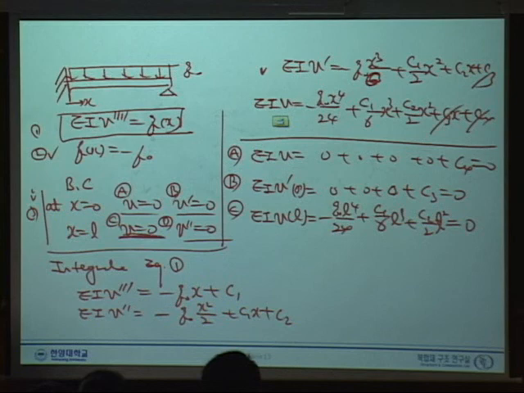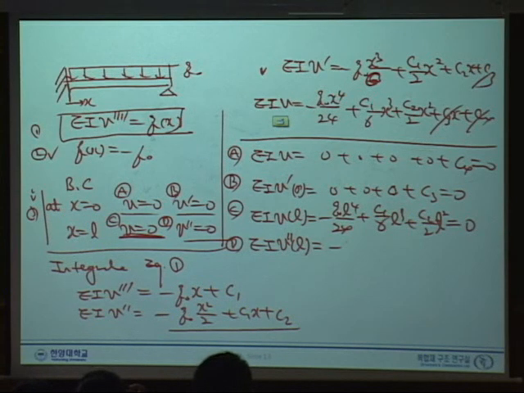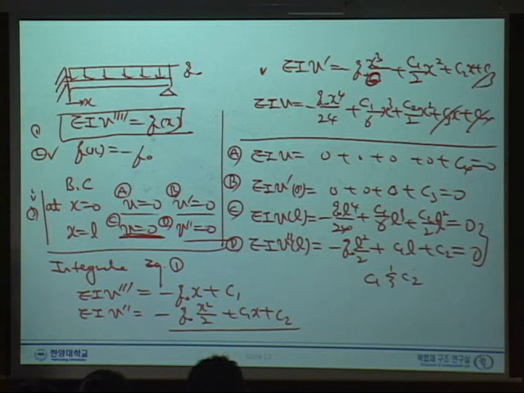And boundary condition D, we have EIV double prime at x equals L, and using this one: minus Q0 L^2 over 2 plus C1 L plus C2 equals what? 0. So from these two equations, what can we get? We can get C1 and C2.